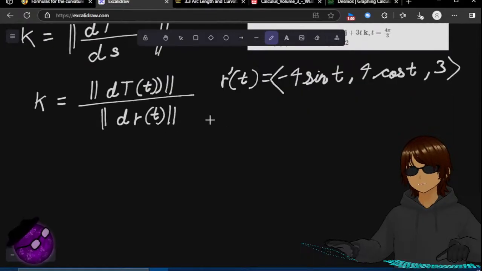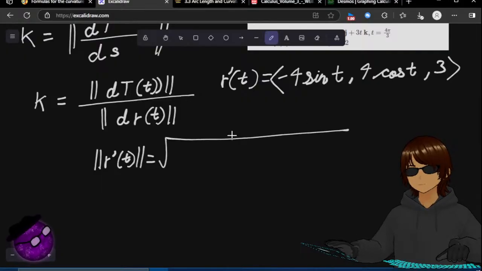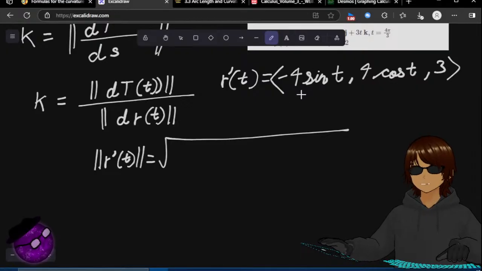And the derivative, wait, I did this last time, right? This square plus this square plus this square.